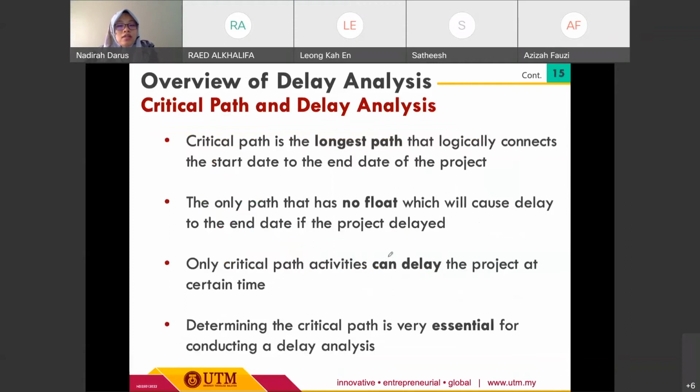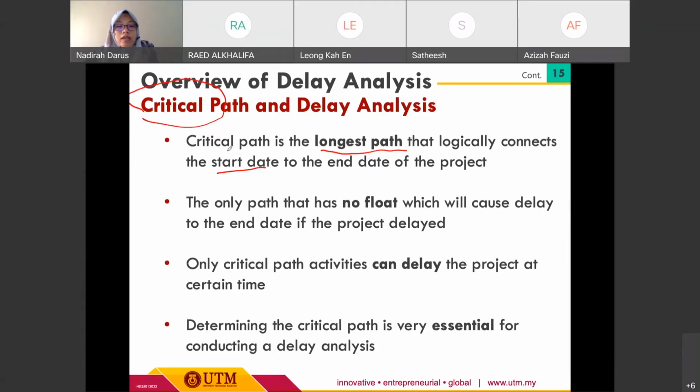This is related to the critical path and delay analysis. Again, as I mentioned, we need to focus more on the critical activities because, as we know, the critical path is the longest path that logically connects the start date to the end date of the project. So the critical path represents the total duration of the project. That's why it's directly related and very vital to be considered in the analysis.